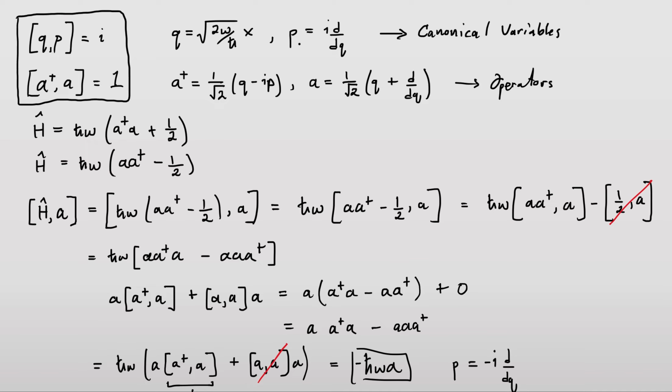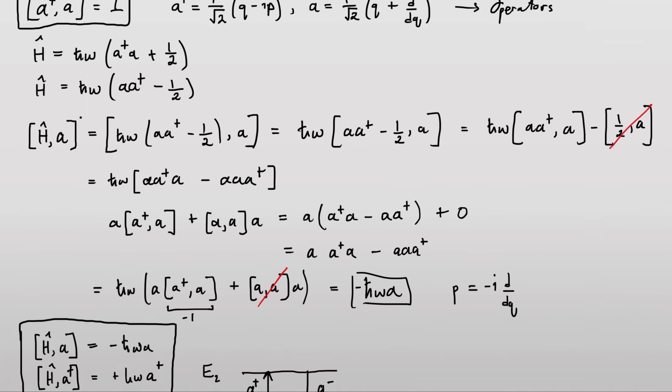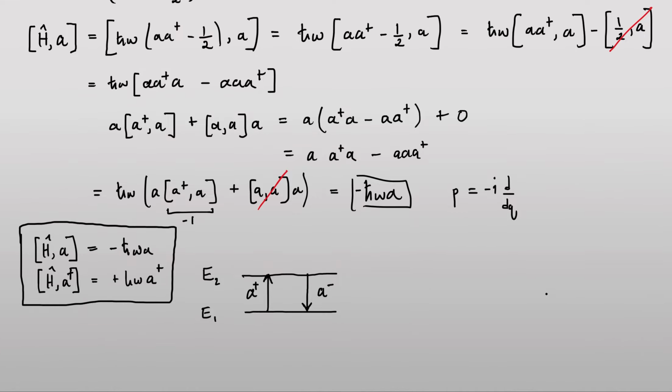Because P is an operator and Q is our spatial operator, right? So everything here is an operator. We have Q, we have P, A dagger, A, and H, our Hamiltonian. All of these guys are operators, and they do very specific things to our states.